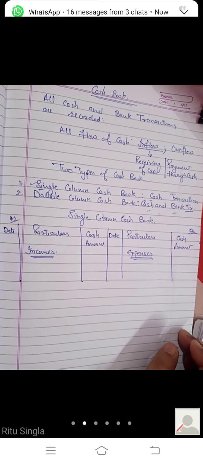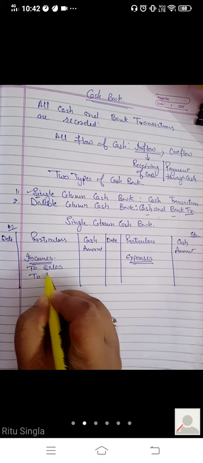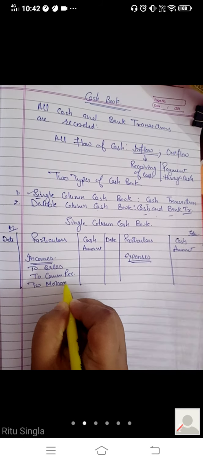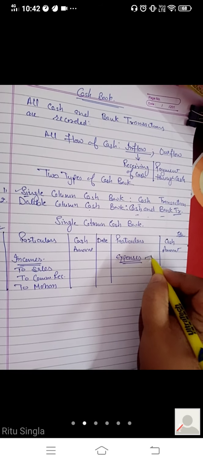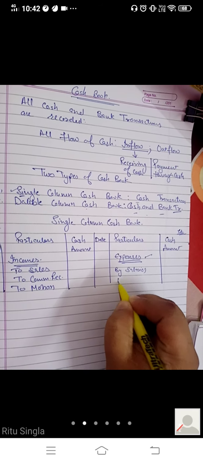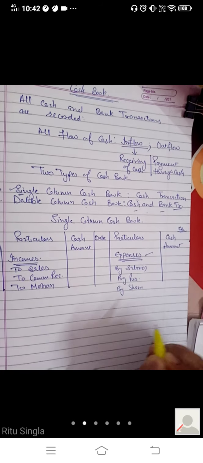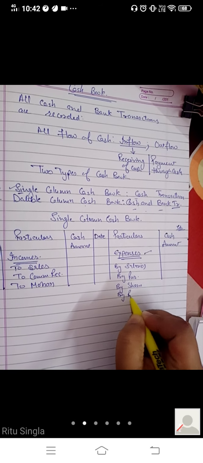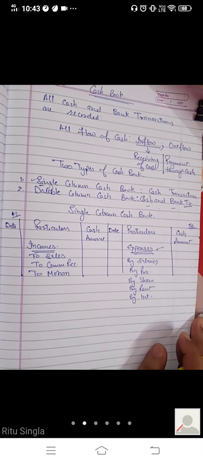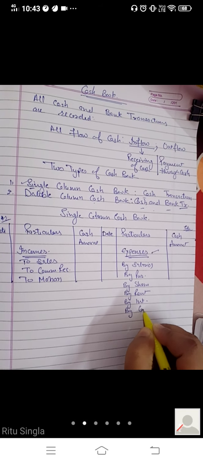Just write all incomes, say to sales, to commission received, to Mohan, cash received from Mohan, or expenses side by salaries, by purchases, by rent, by interest, anything can be there. Or we can purchase any fixed asset also, by computers.